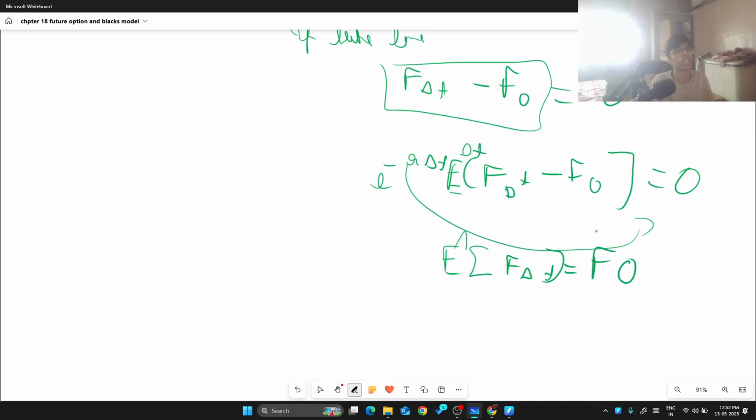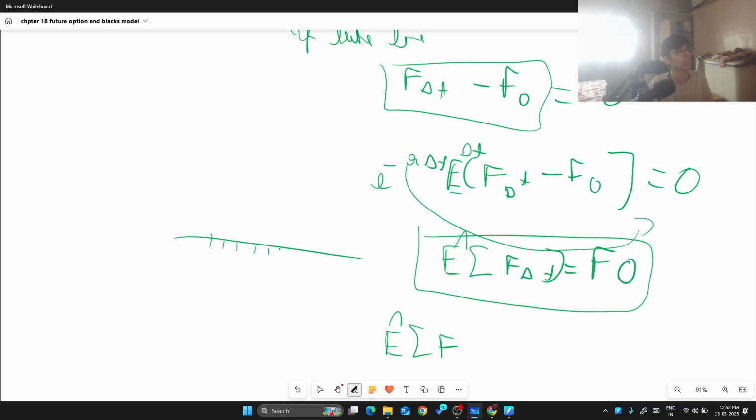This comes here and becomes 0, then total expectation is 0. And for this we can say that this is a delta, the value of this is this, and like this.